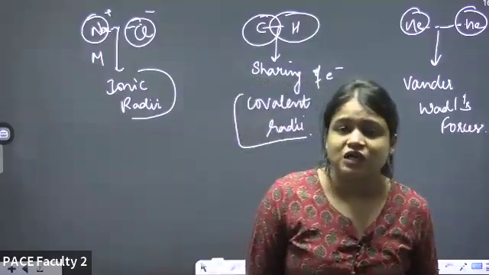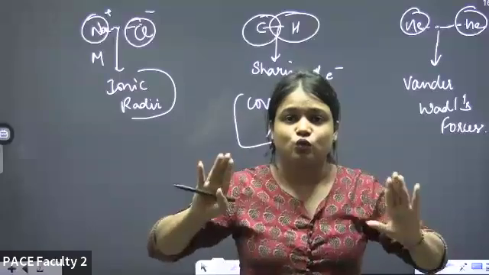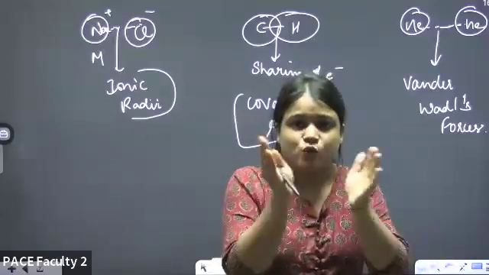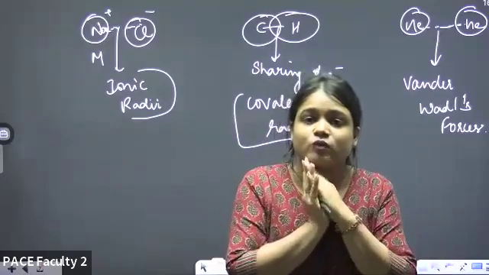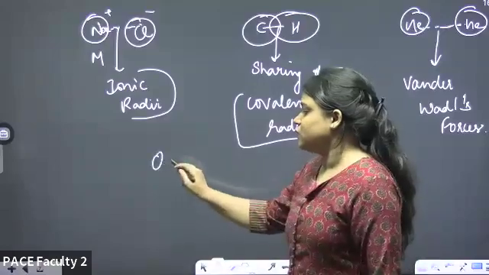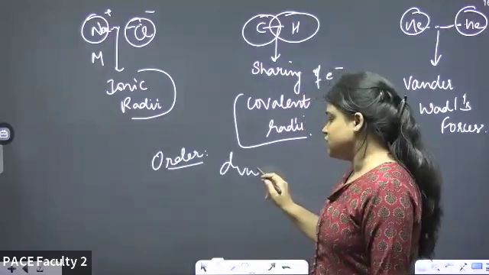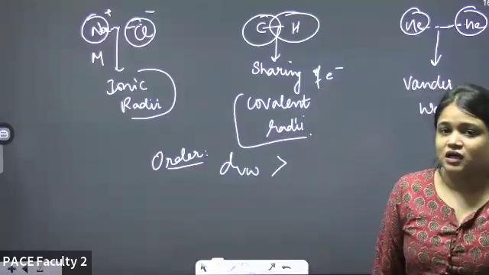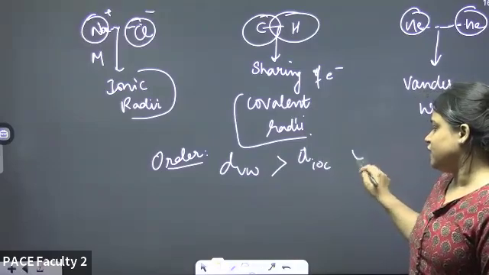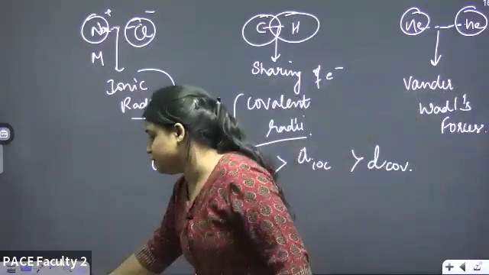Now, as you can see, in the case of van der Waals, the atoms will be the farthest apart, सबसे दूर होंगे क्योंकि weakest forces हैं. फिर आयनिक बॉन्ड्स में एटलीस्ट थोड़े से पास आ जाएंगे और कोवेलेंट बॉन्ड्स में बिल्कुल ओवरलैप कर जाएंगे. That is why the order of these radii is that van der Waals has the highest length, followed by ionic radius, followed by covalent radius. यही बताना चाह रहा है वो उस वाले कॉन्सेप्ट में.